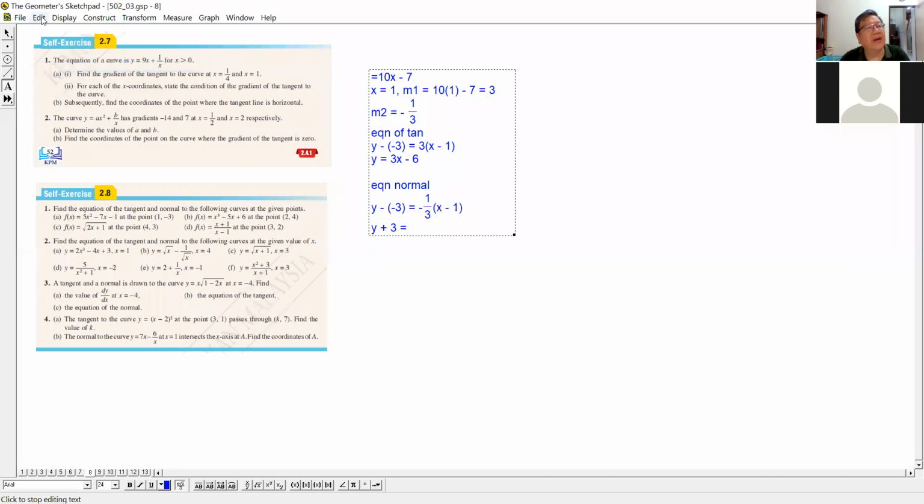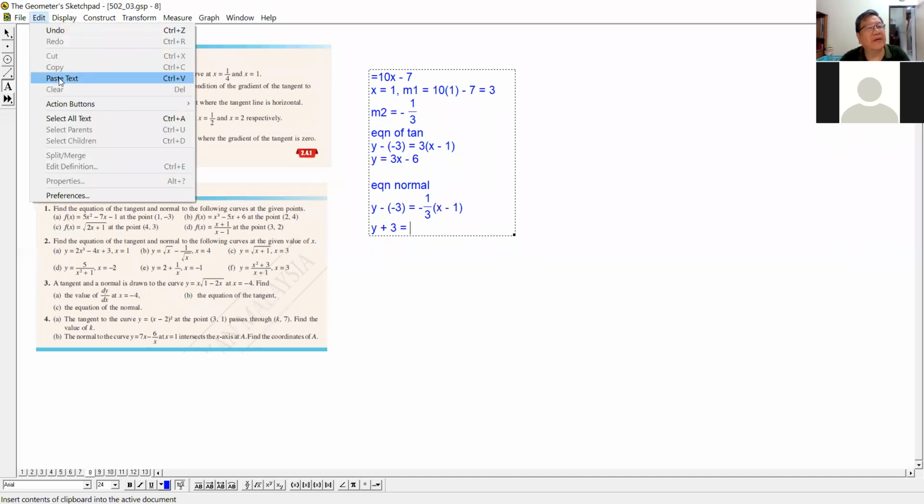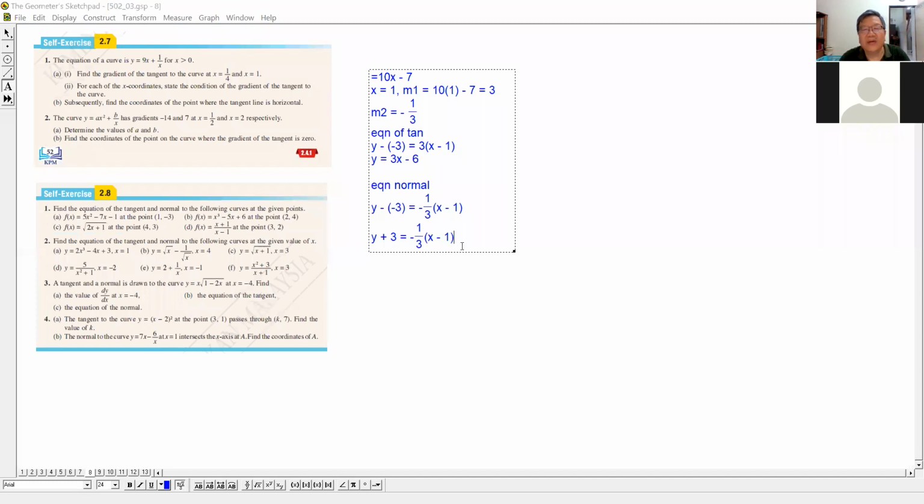I multiply by 3: 3y plus 9 equals negative x plus 1. Bring the 3 to the other side, and the negative I multiply in. So x plus 3y plus 8 equals 0.